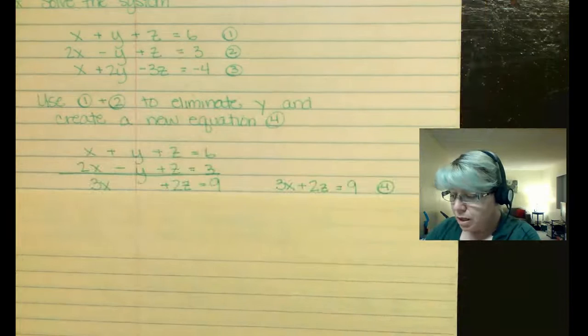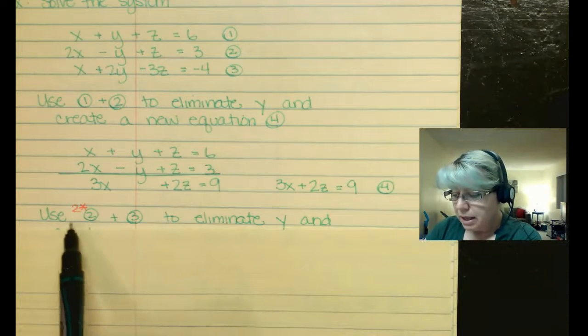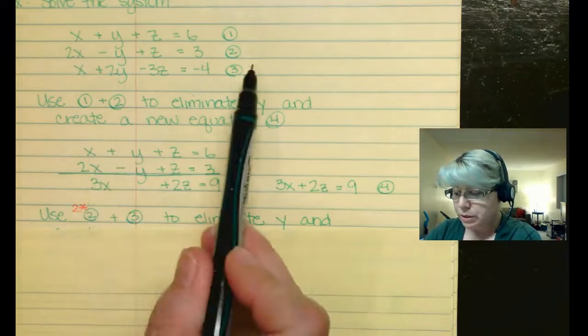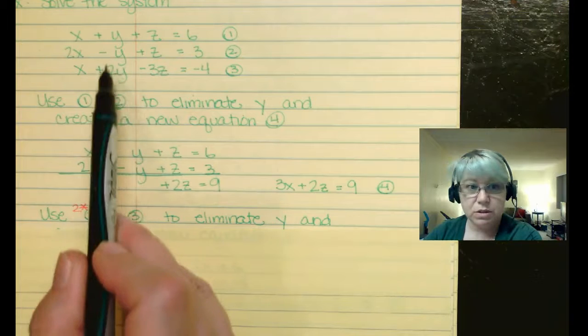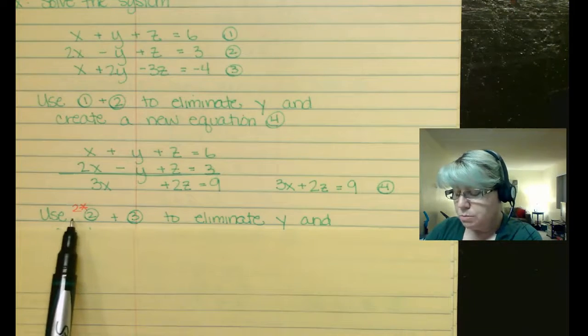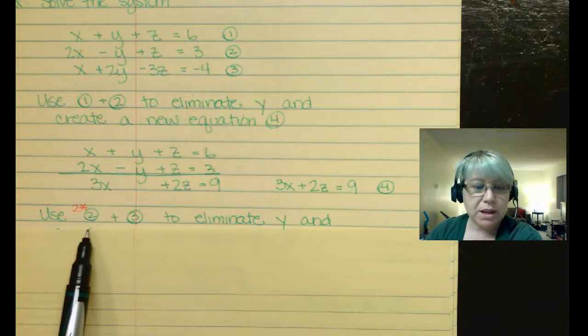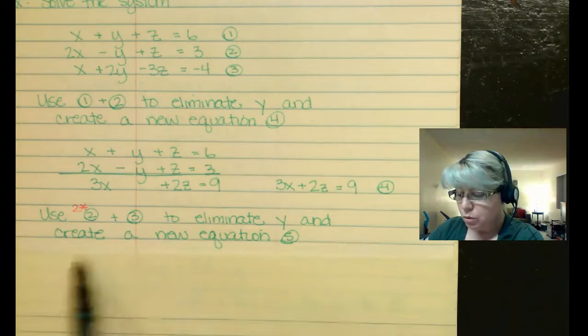So it looks like if I multiply equation number 2 by 2, I'll have negative 2y plus 2y, and the y's will be eliminated. So let's do that. We multiply equation 2 by 2, add it to equation 3 to eliminate y, and create a new equation.